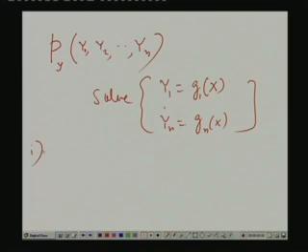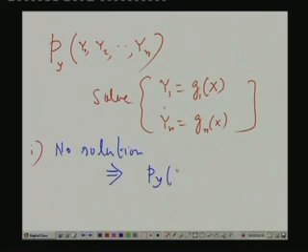Now, possibilities. First possibility, no solution. Suppose no solution exists, then the theory says that this should be 0. It is 0.